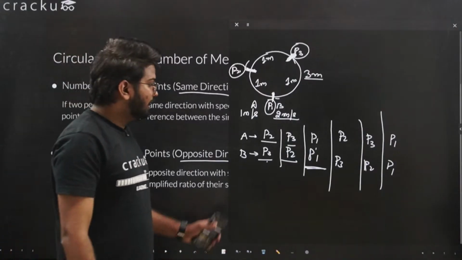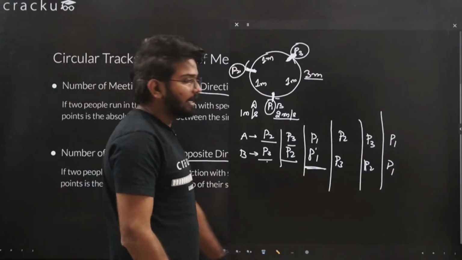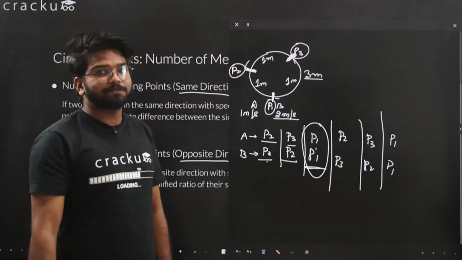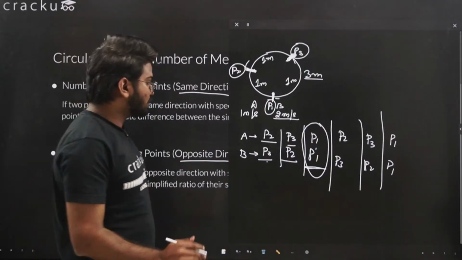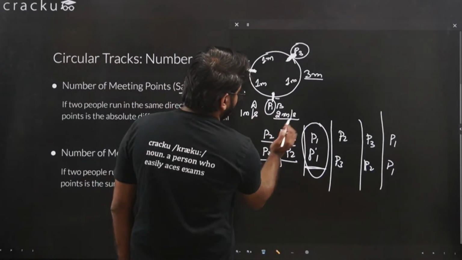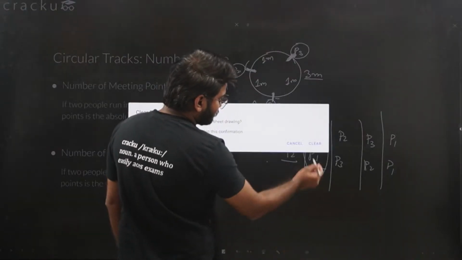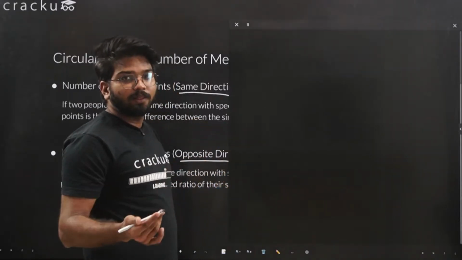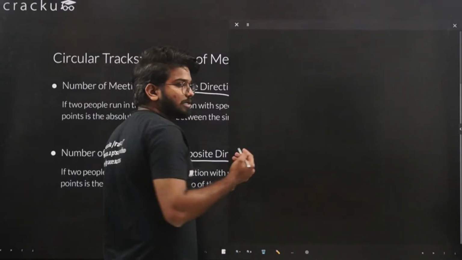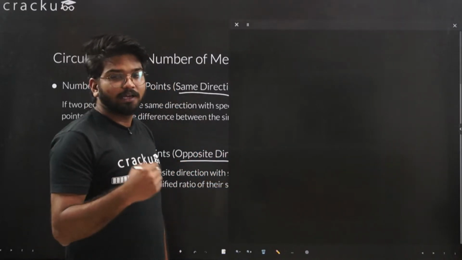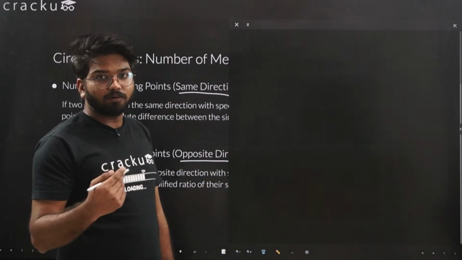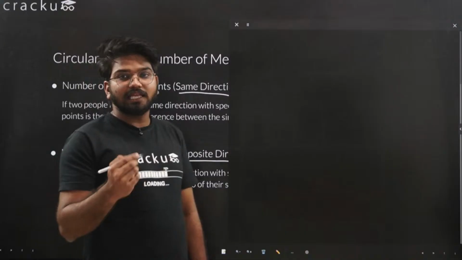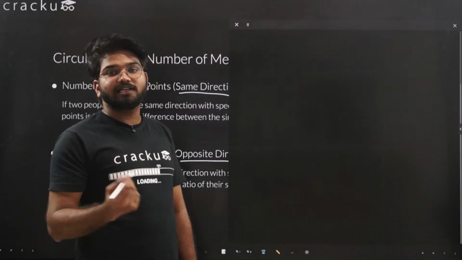Now what do you infer? You notice that in the whole movement, they are meeting at only one point, which is the starting point. So this way we have understood that if two persons are moving in the same direction, you first calculate the ratio of their speeds. Make sure that the ratio is in the simplified form or the lowest form. And the number of points at which they will meet is the difference between their ratio.